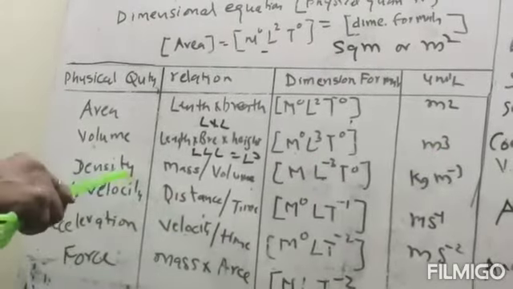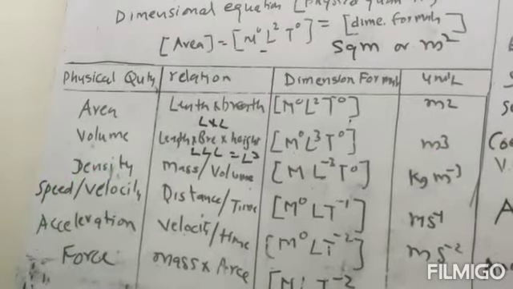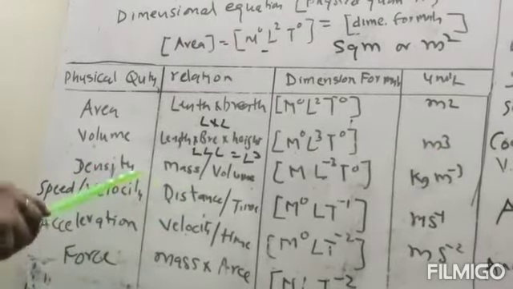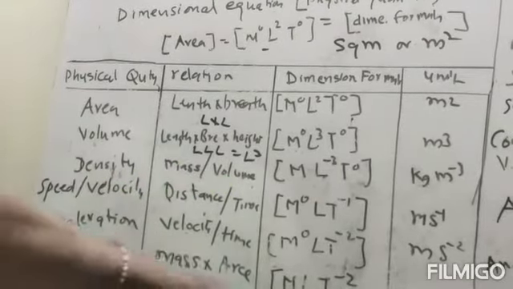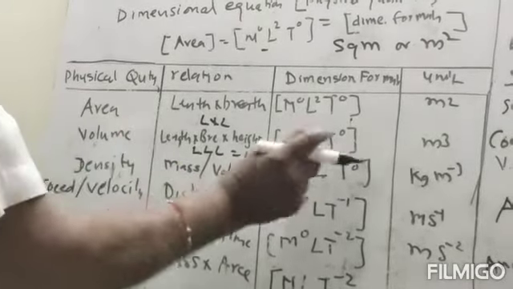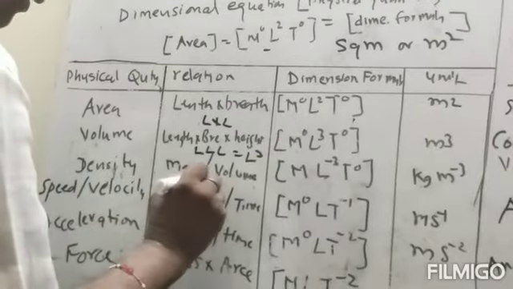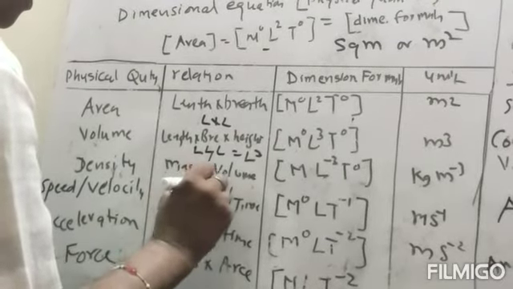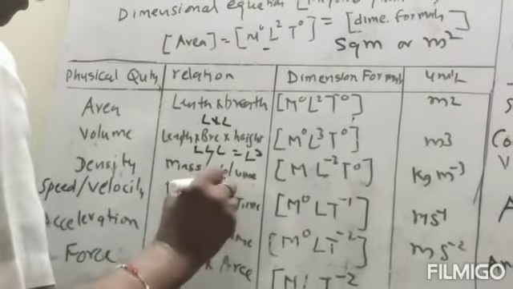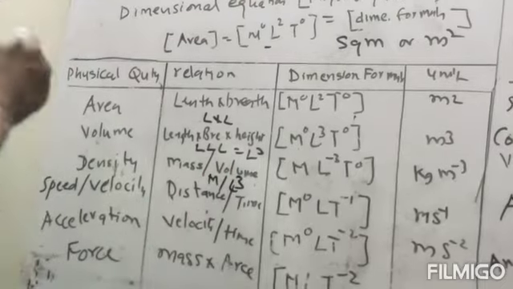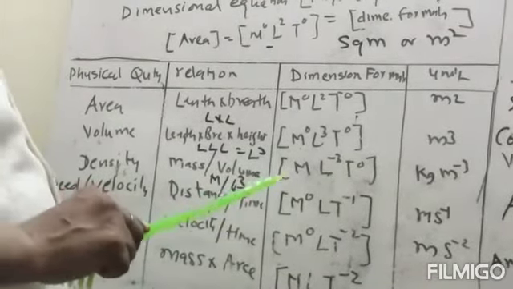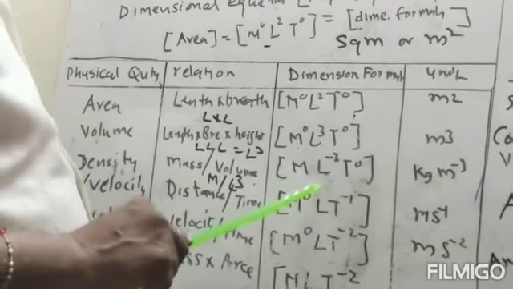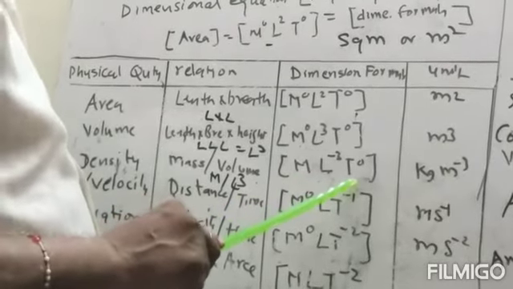Now we take the density. What is density? Density is mass per unit volume. So we divide mass by the volume. Mass is M and volume is L cube, so M divided by L cube. The dimension will be M into L minus 3 into T0.